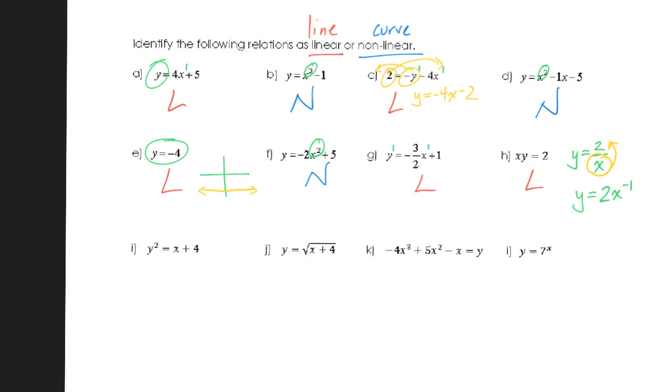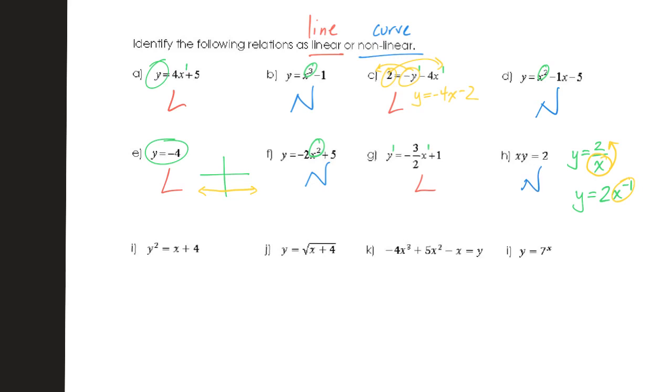Y equals 2x to the exponent negative 1. Now we can see that my exponent on my x really isn't 1. It was negative 1. And because of that, it's not a line. We're nonlinear.